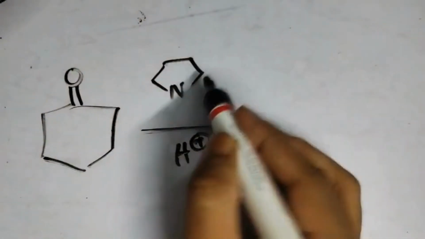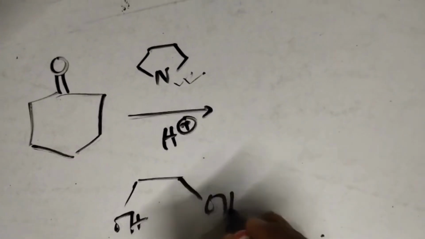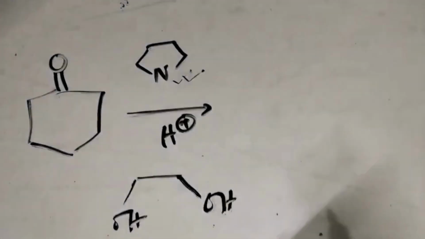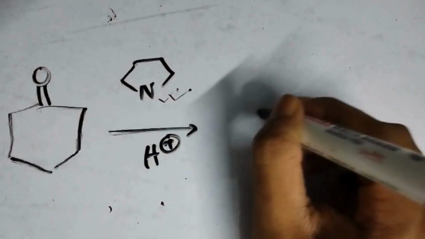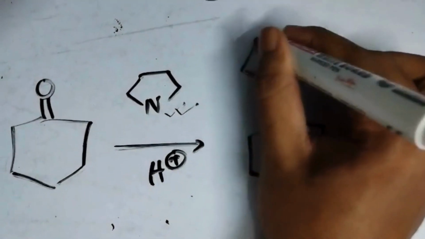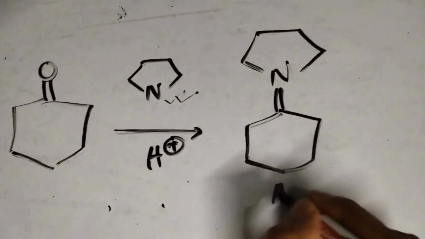Now this reagent is very similar to ethylene glycol, which is used as a capping reagent or capping source for the ketones and aldehydes present in compounds. So this shall do a very similar thing, and we finally get a compound like this. So this is our compound A.